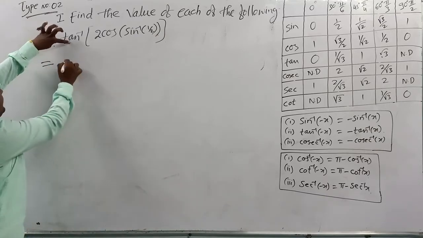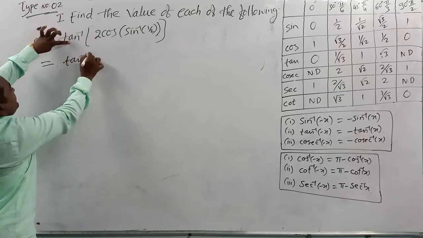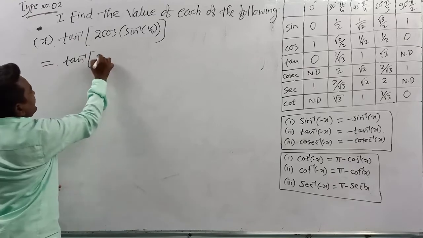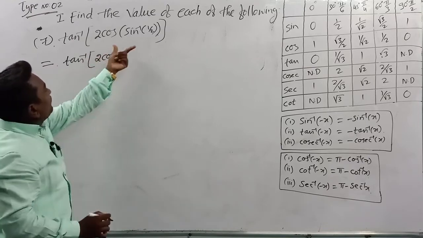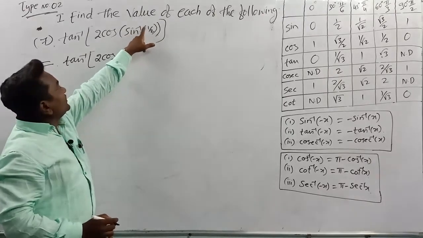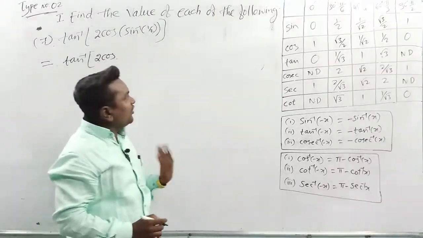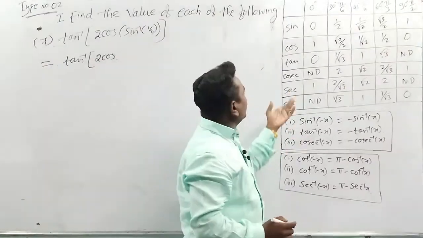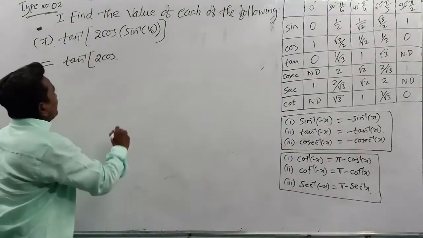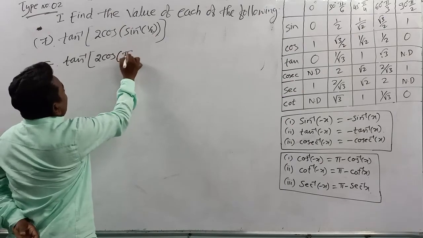So first, tan inverse keep as it is outside, and 2 times cos also keep as it is. First we have to find out its value here. The bracket is there, which means sin inverse 1 by 2 is equal to how much? Sin inverse 1 by 2 is equal to pi by 6. So its value is pi by 6.